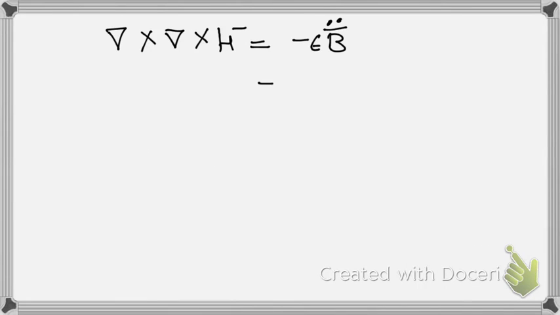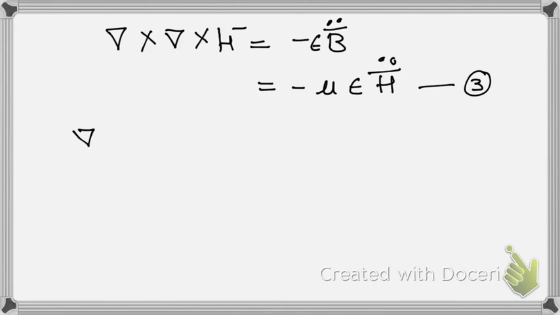Now what is next? Del cross H is equal to minus B bar double dot, and there is one more thing, that is epsilon. So it is epsilon into B double dot, that is equal to minus mu into epsilon into H double dot, because B bar is equal to mu into H bar. So this is the third equation.